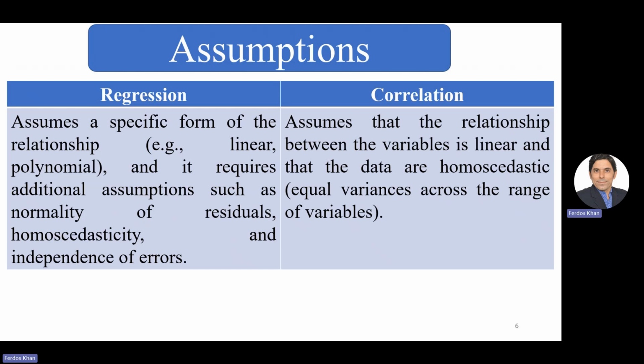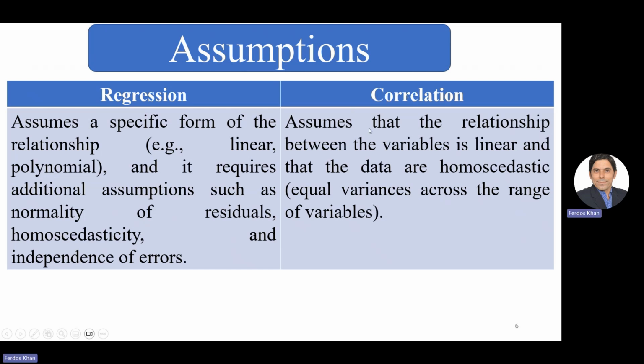However, it requires further assumptions: normality of the residuals, homoscedasticity, and independence of the error term, so there is no serial correlation or autocorrelation. I will have a separate video on homoscedasticity because this is an important concept, and we will see what is meant by homoscedasticity and, if it is violated, how we can tackle this problem in regression analysis. I will have a separate video in a couple of days.